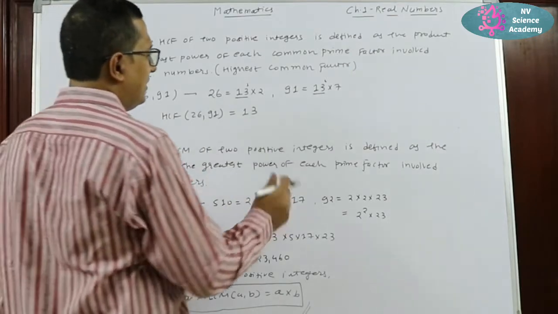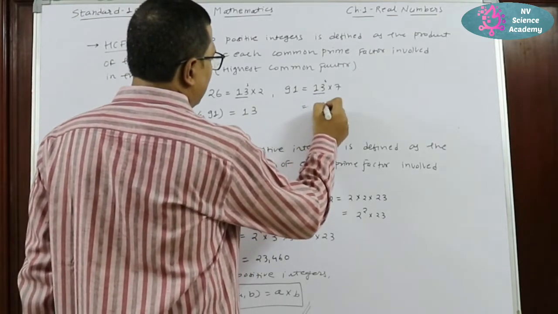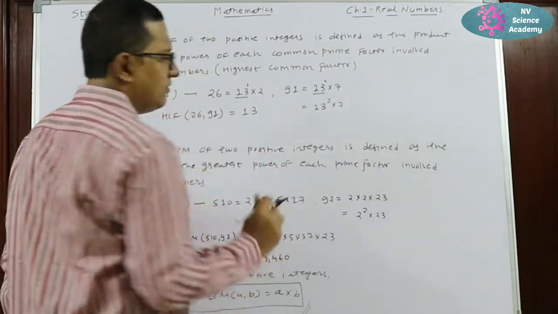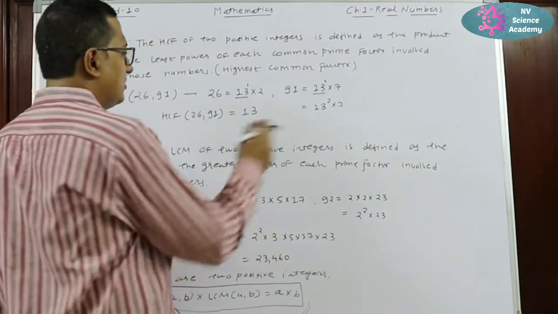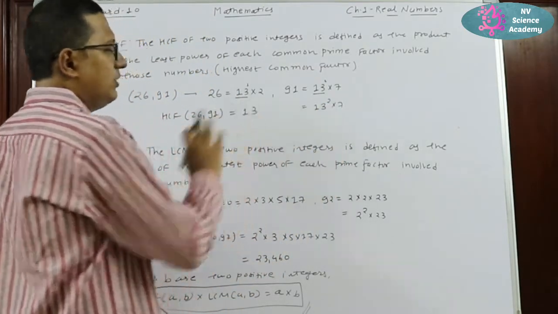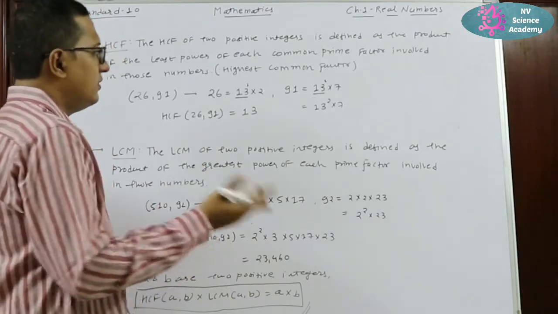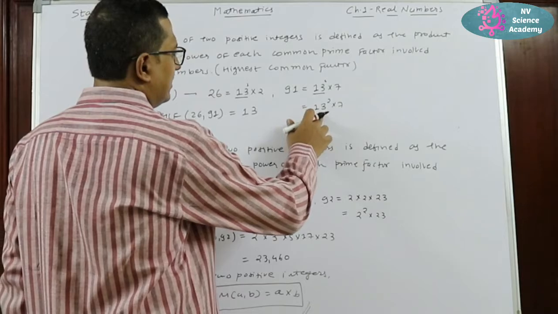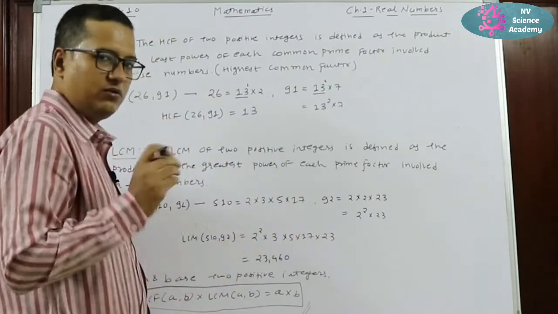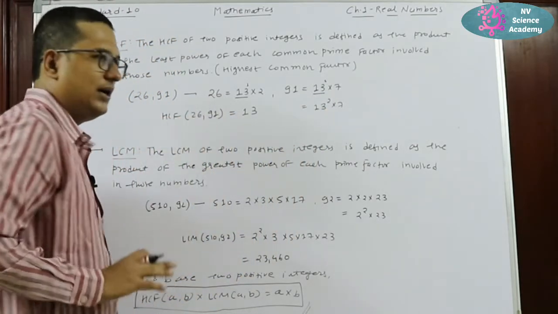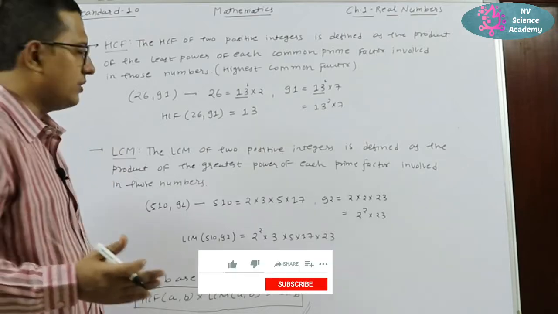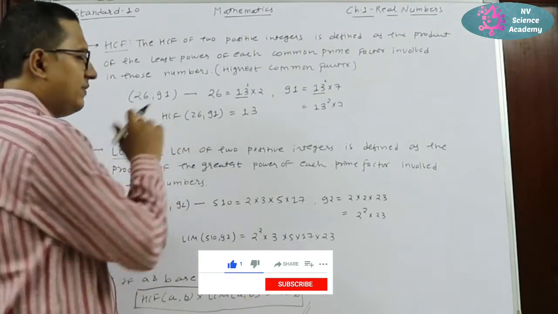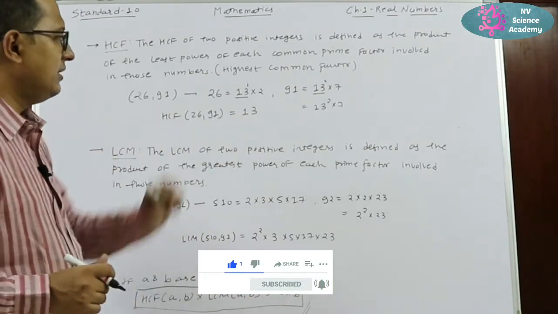For example, if some number had 13 square multiplied by 7, then also I would use only 13, not 13 square. So here the HCF of 26 and 91 is 13.